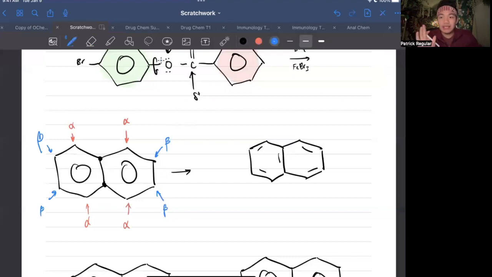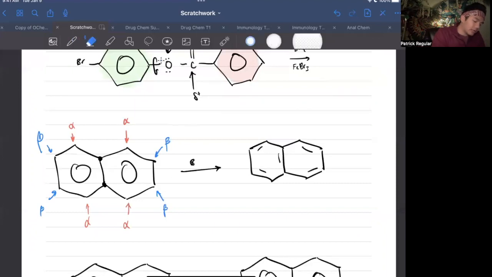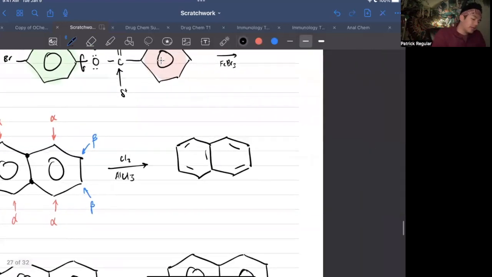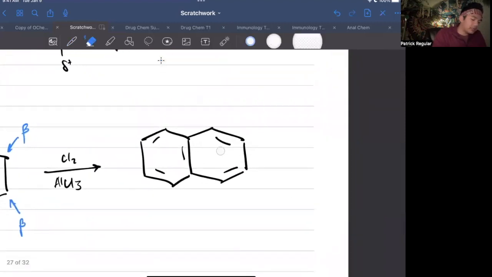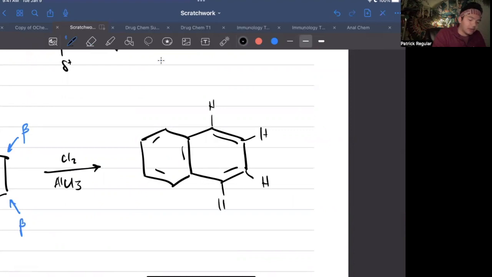Like I said, things will generally want to add to alpha positions. So if I were to brominate it, bring back here, let's give some chlorination some love. A Lewis acid with chlorine. If I were to add the electrophile here, let me draw the hydrogens real quick. You know this always has the hydrogens because it's sp3 hybridized.